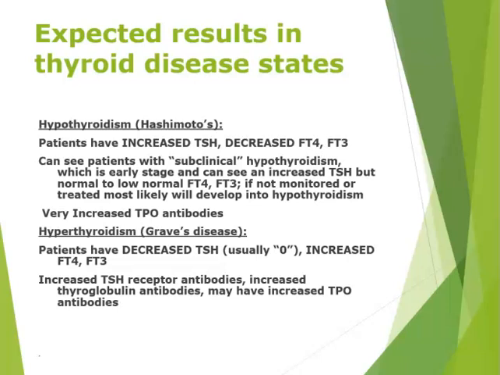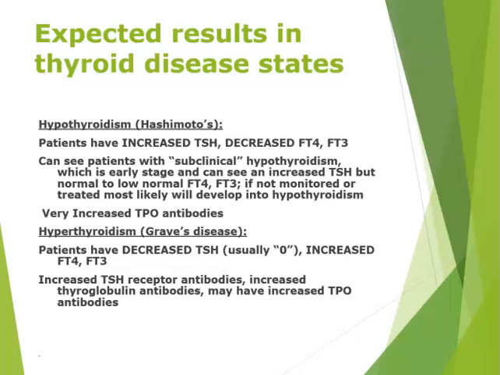Also, remember that the F on the T4 and T3 means free. It's not attached to a protein. In Hashimoto's, the TSH is increased because the body is trying to increase the T4 and T3. Now the expected results for hyperthyroidism or Graves' disease. Patients would have a decreased TSH, usually 0, and an increased free T4 and free T3.